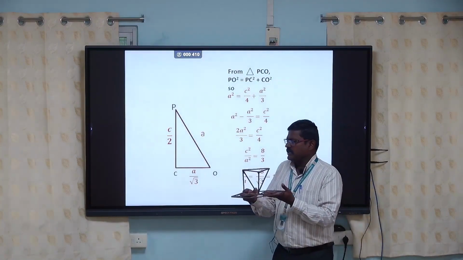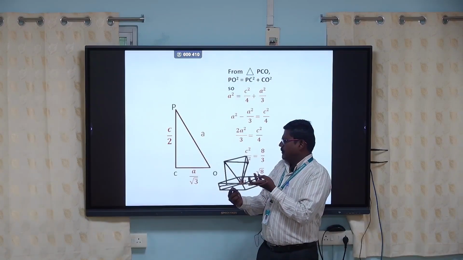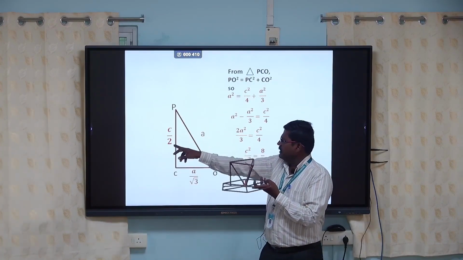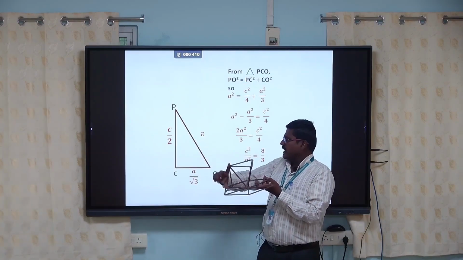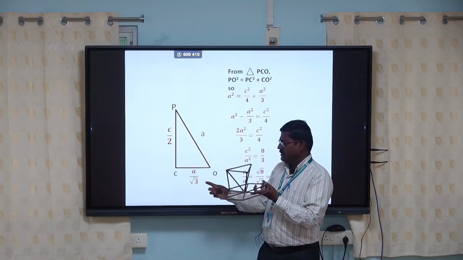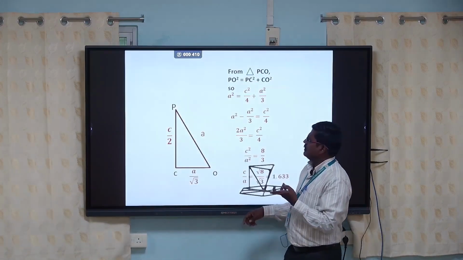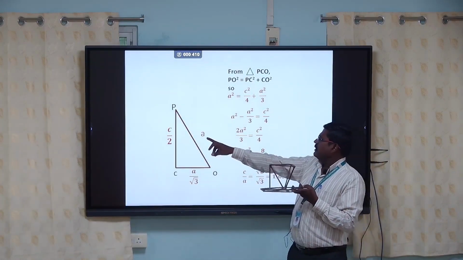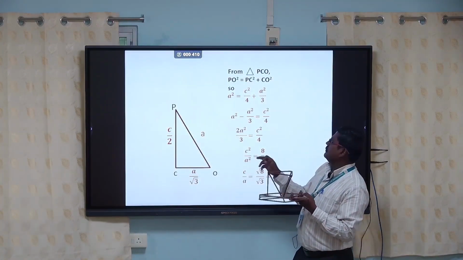You see here the point P is here, the point O is here, C is here. This length is A, this height is C by 2, and this is the CO length, A by root 3. So if we apply Pythagoras theorem, PO square equals PC square plus CO square.